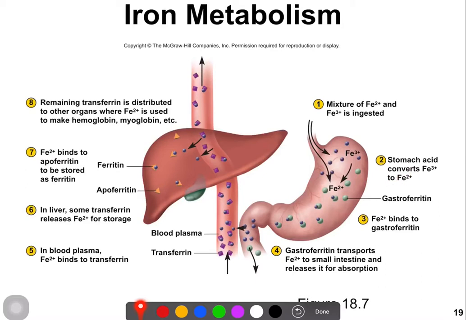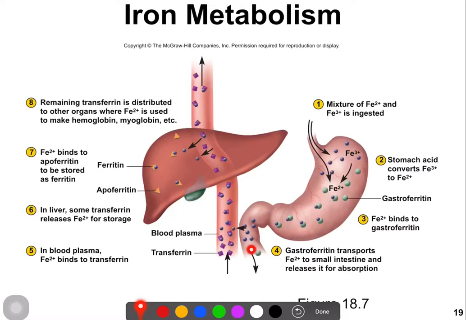Iron is so precious, and we're really not that great at absorbing it, so we really look after it. The Fe2 binds onto a transport molecule, gastroferritin. Think of it as basically an Uber driver. It will pick it up and hold on to it. That way, it gets almost chauffeured into the small intestine, where the iron is released and can cross into the blood.